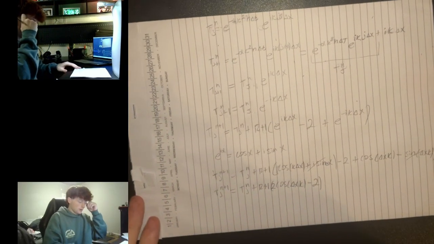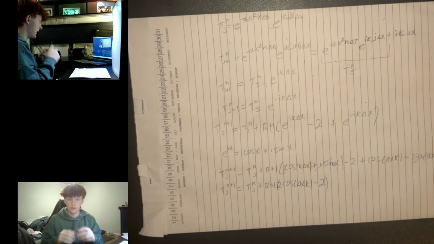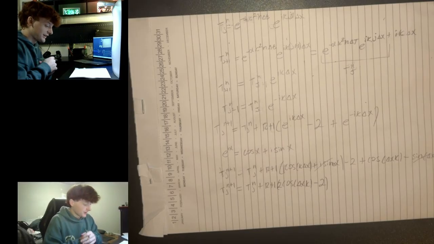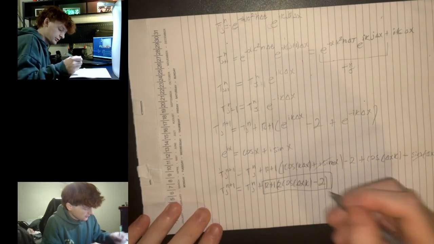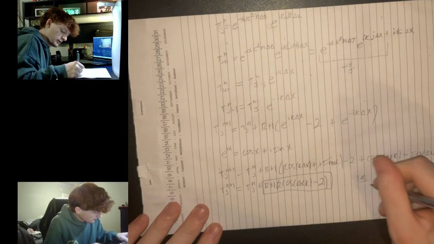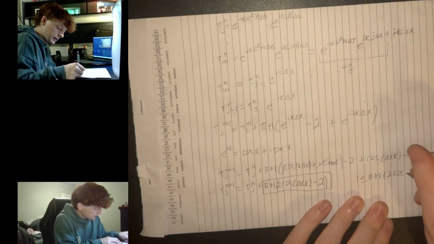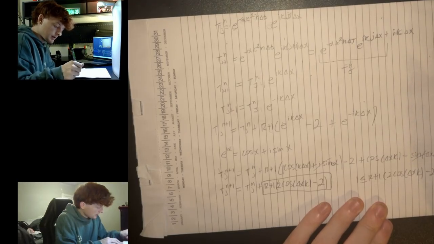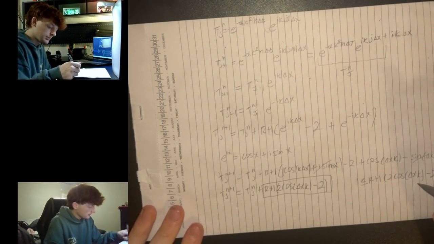Okay, so with cosine, we want to keep it in the range of 1 and negative 1 for our amplitude, otherwise it doesn't really work. So we want to set this value right here in the constraints of 1 and negative 1. So we want it to be 1 equal to r plus 1, 2 cosine kΔx, minus 2, equal to negative 1.